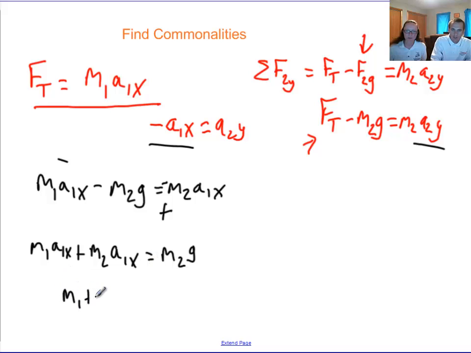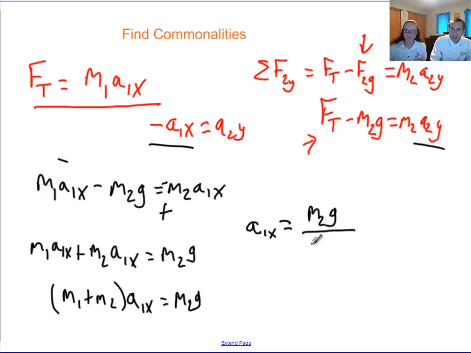So m1 plus m2 times a1x equals m2g. And now I can divide both sides. So the acceleration in the x direction is equal to the m2g, which is a force actually, divided by the total mass of the whole thing.